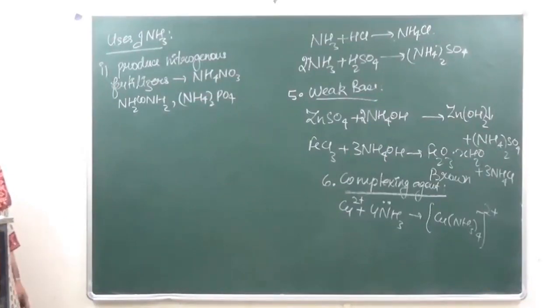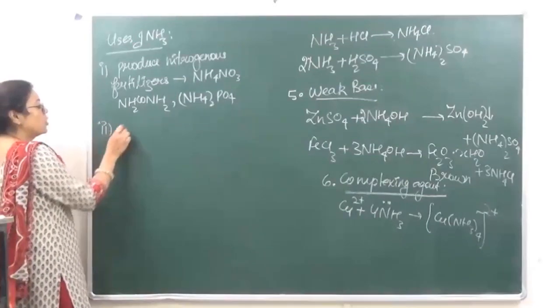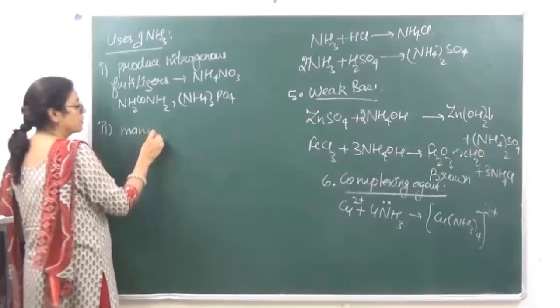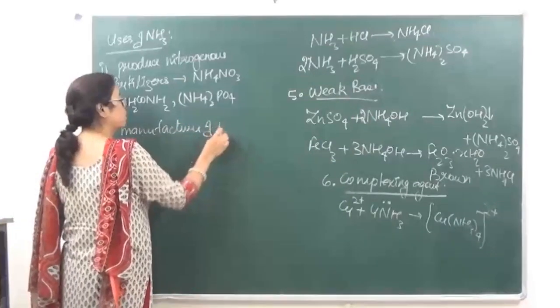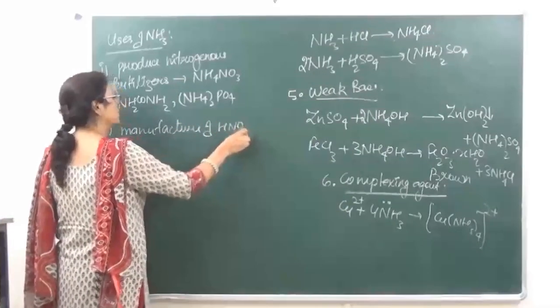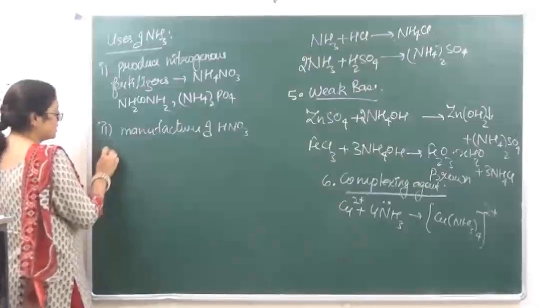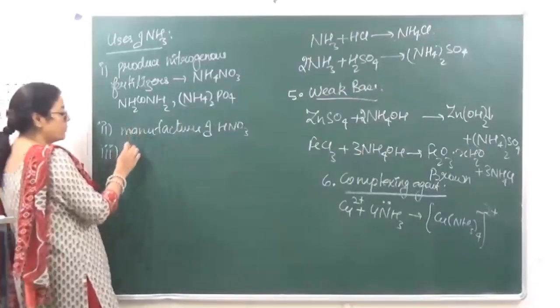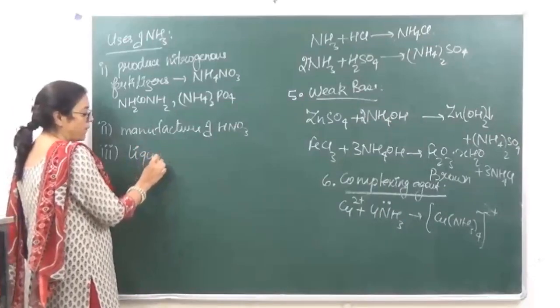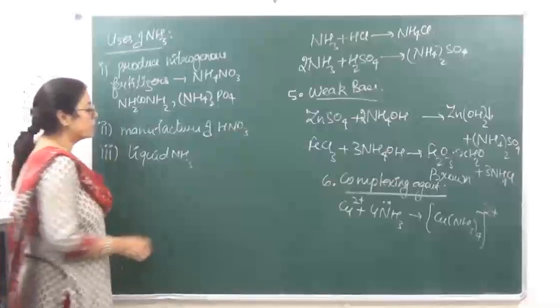Then the second use is that it is used in the manufacture of nitric acid, and liquid ammonia is used as a refrigerant.